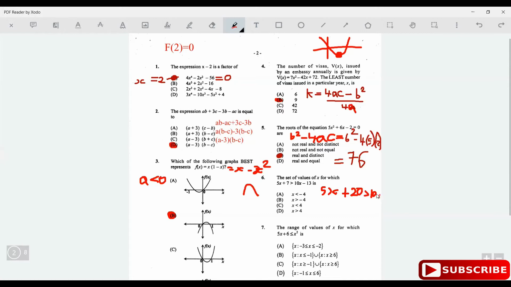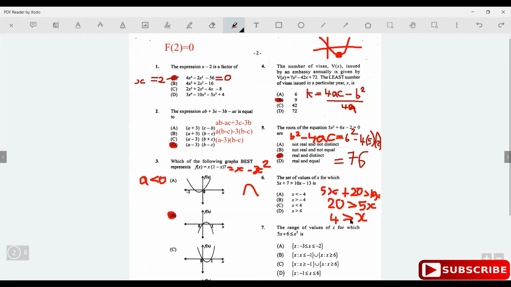Then we subtract 5x from both sides to get 20 is greater than 10x minus 5x, which is 5x. Then we divide both sides by 5, and so we get x, it looks like, is less than 20 divided by 5, which is 4.